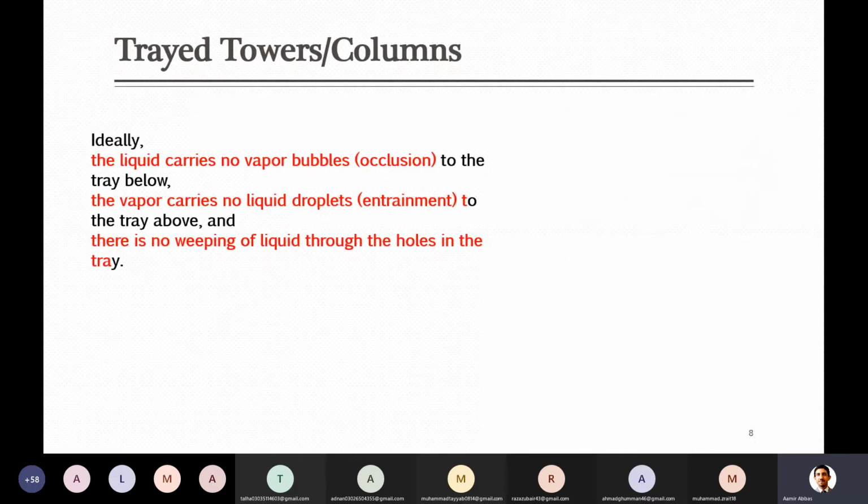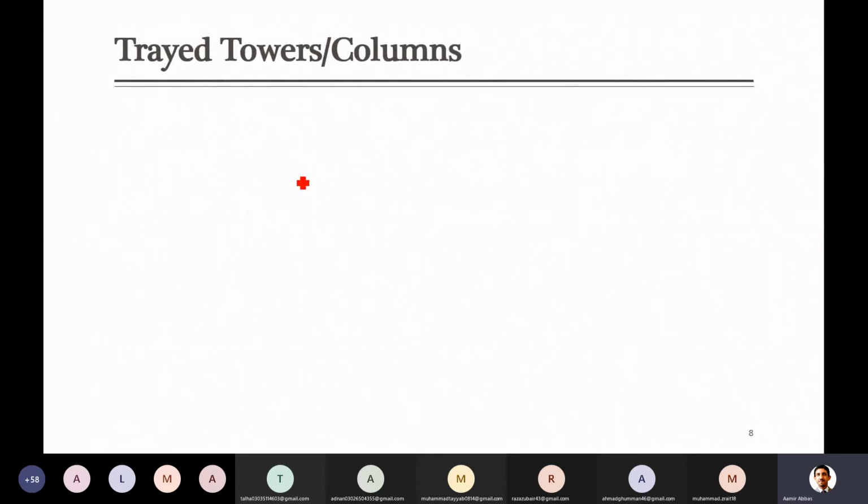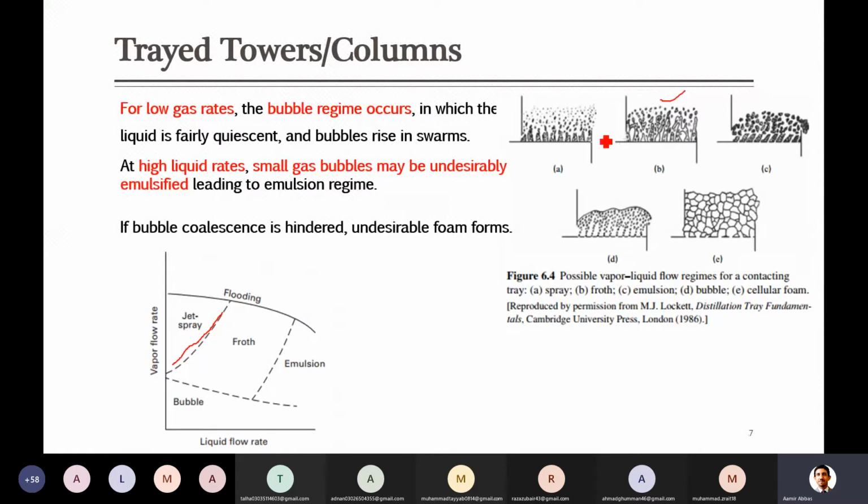So ideally, when this phenomenon of contact between the liquid and vapor is occurring, the liquid shouldn't carry any bubbles, and that is called occlusion. Liquid which is going down towards the bottom column through the downcomer should be only liquid. It should not trap any vapor.